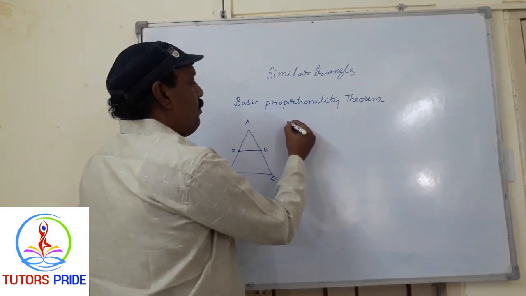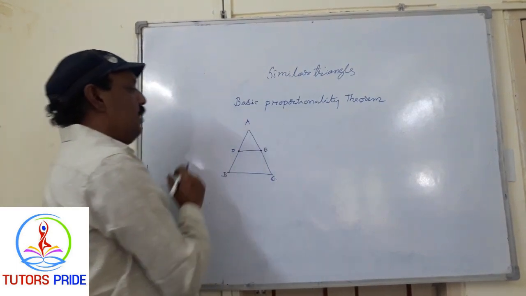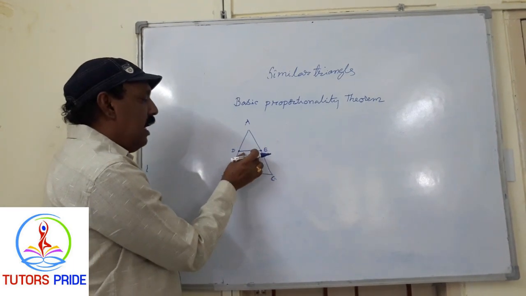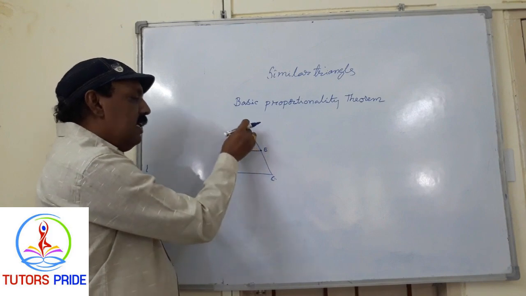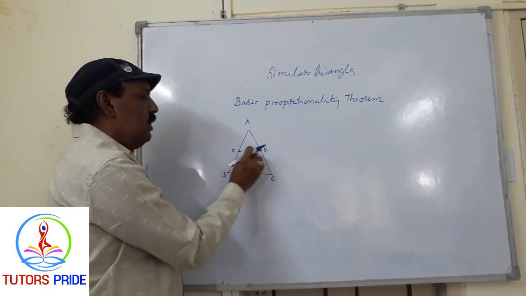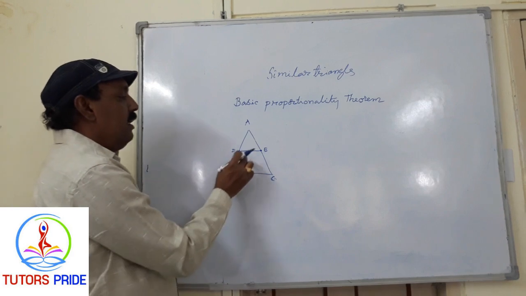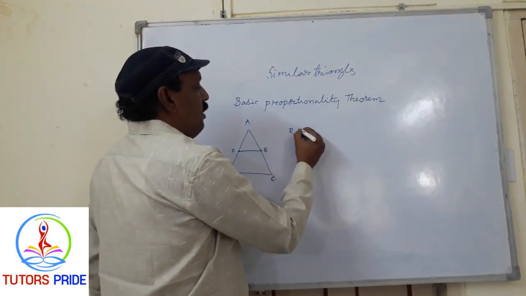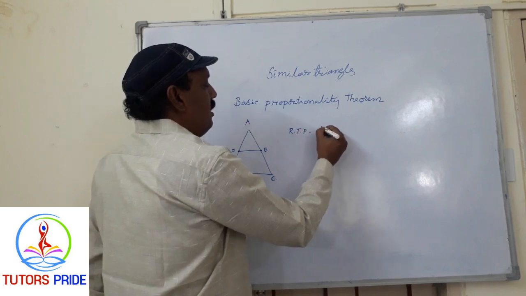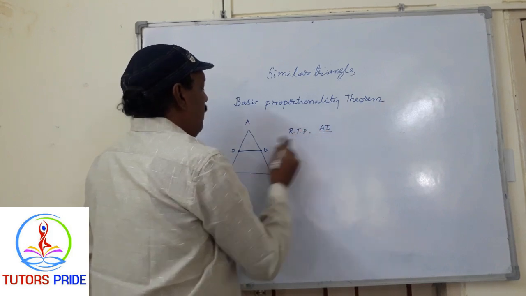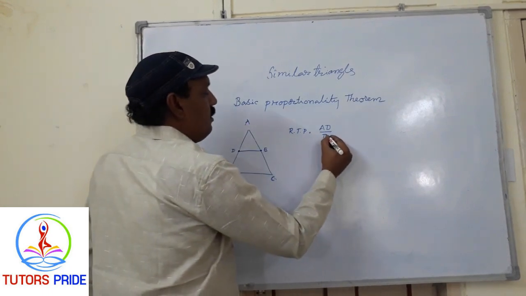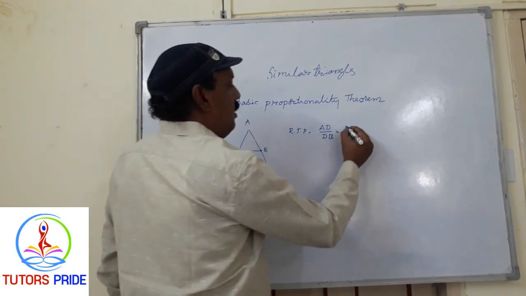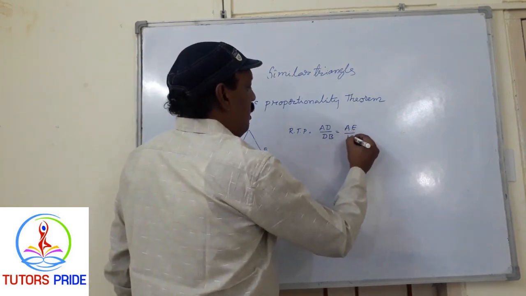That means in this theorem, what is given is one triangle ABC, with a line which is parallel to one side and intersecting the other two sides at two distinct points. And finally, we should prove what we call RTP, required to prove. What is the proof? That means AD by DB equals AE by EC.